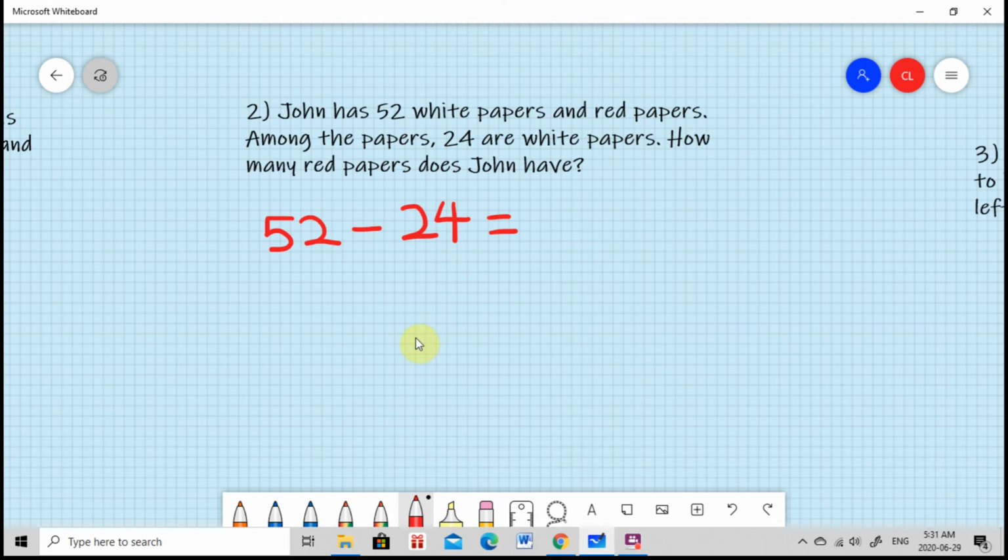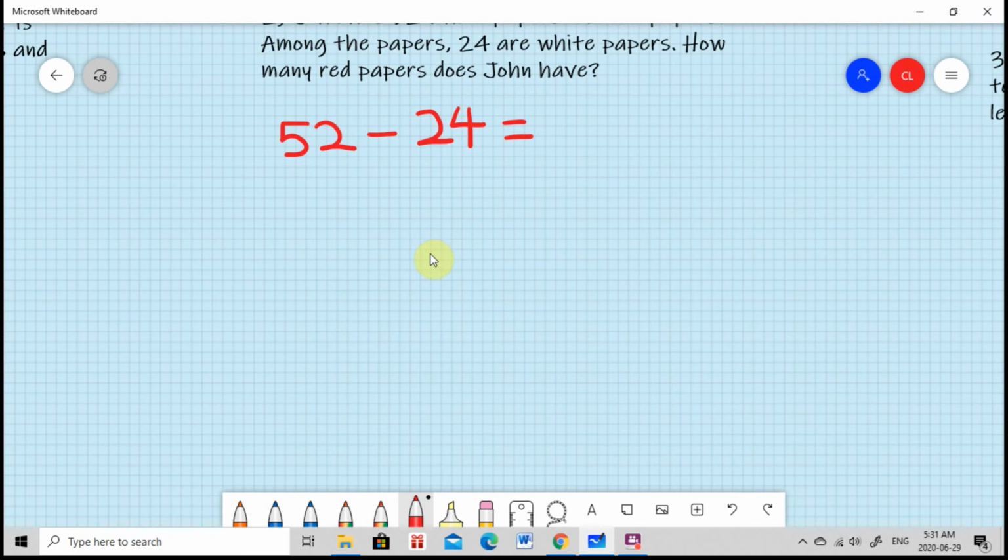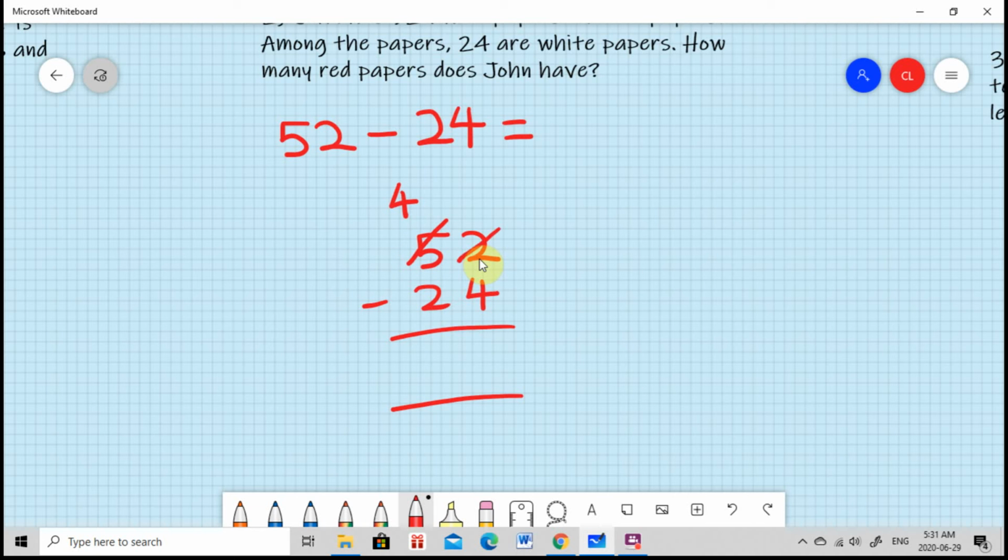Okay, so now let's do the working. We have here 52 minus 24, right? 2 cannot minus 4, you borrow from the 5. So now 5 becomes 4, 2 becomes 12, right? So you have 12 minus 4 is 8, and 4 minus 2 is 2.